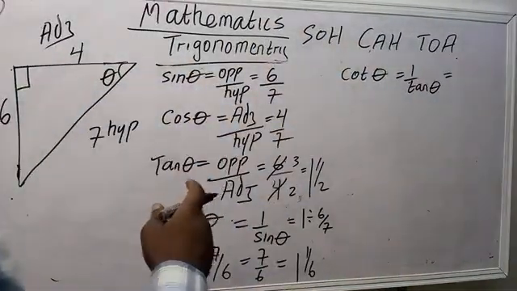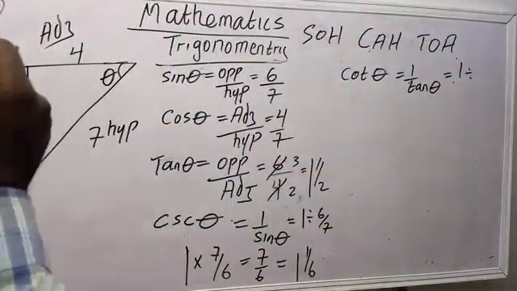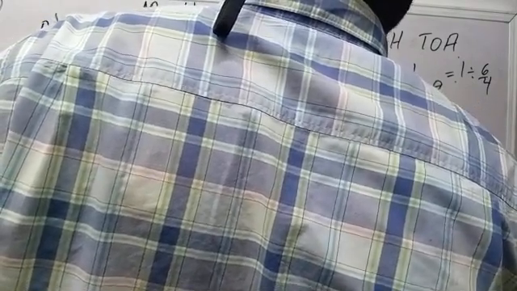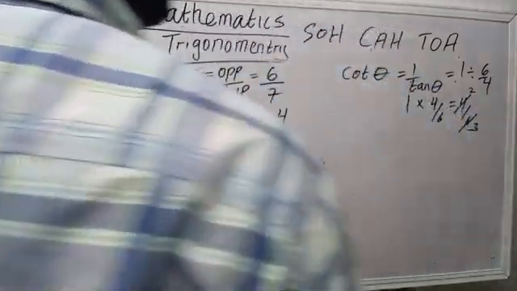That is 1 divided by 6 over 4. That is 1 times 4 over 6 equals 4 over 6. 2 here 2, 2 here 3. The answer is 2 over 3.